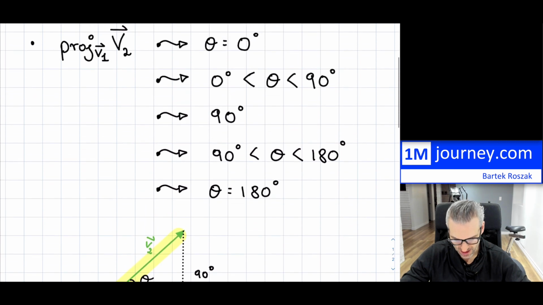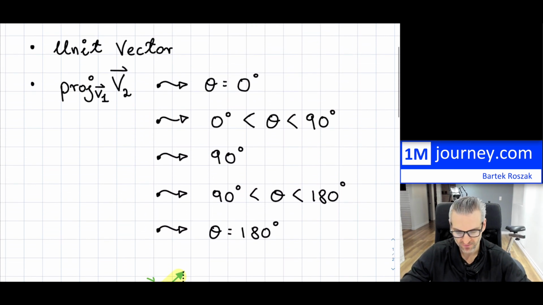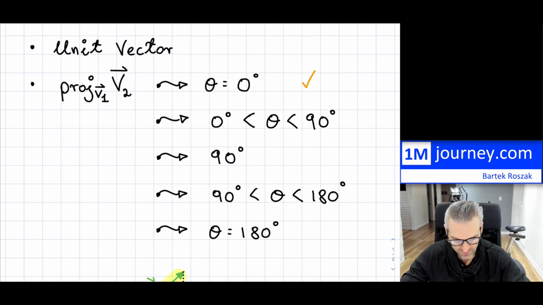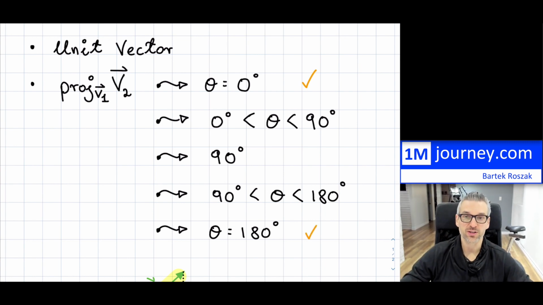The projections could be, for example, collinear, one on top of the other, and therefore the projection would be equal to simply the v2 vector, because it is collinear in the same direction. The same thing would happen if the angle was 180 degrees. Now, they're collinear, but in opposite directions.